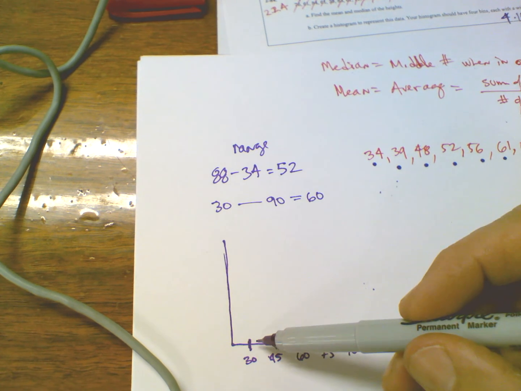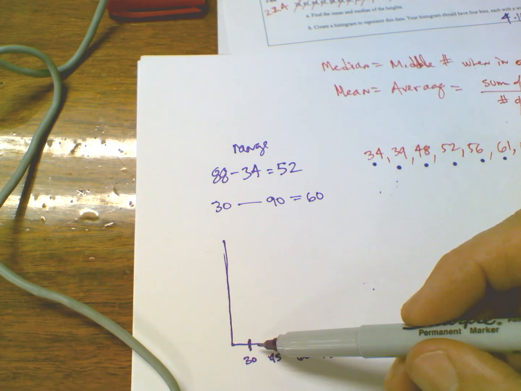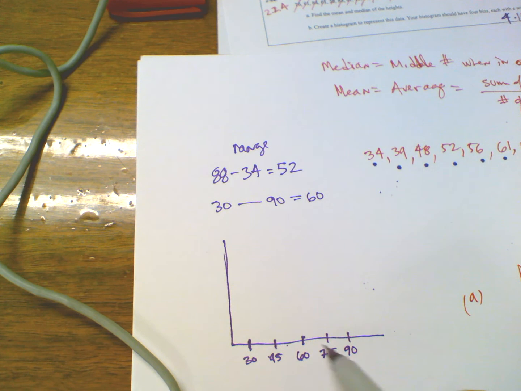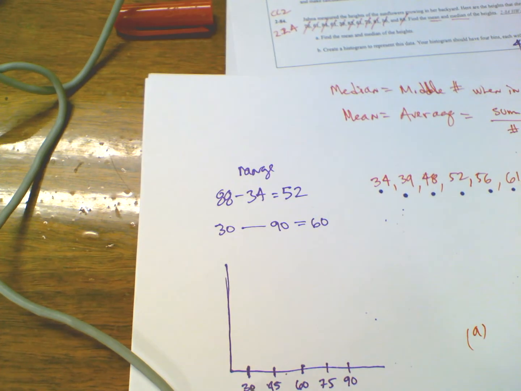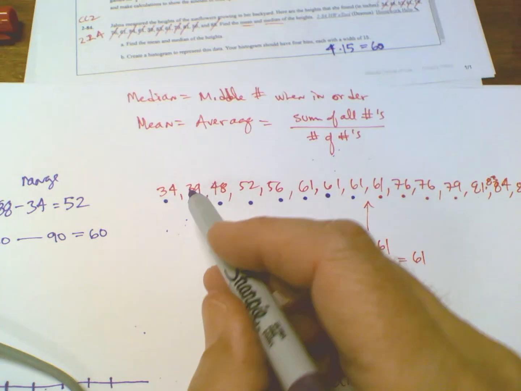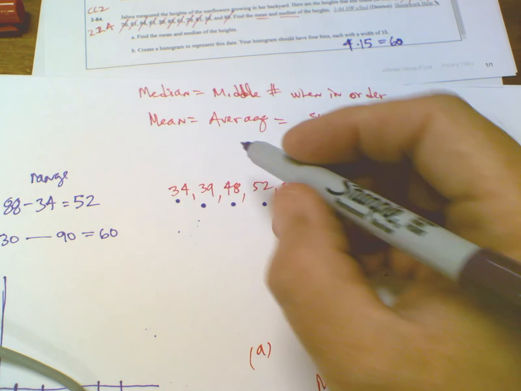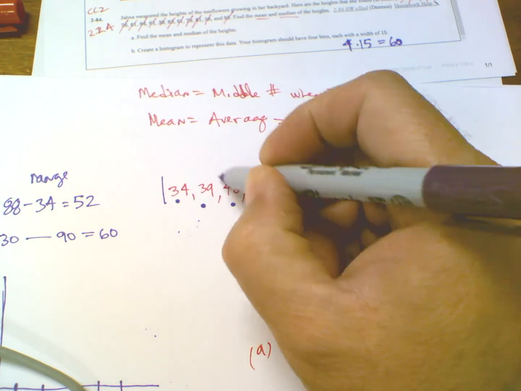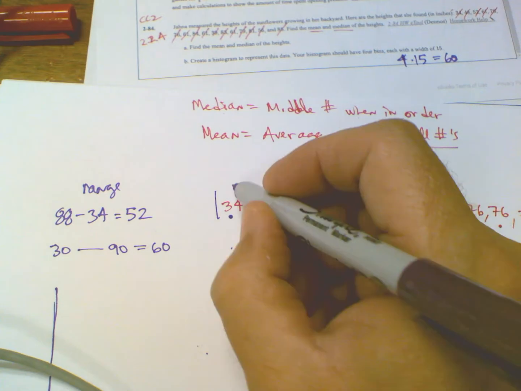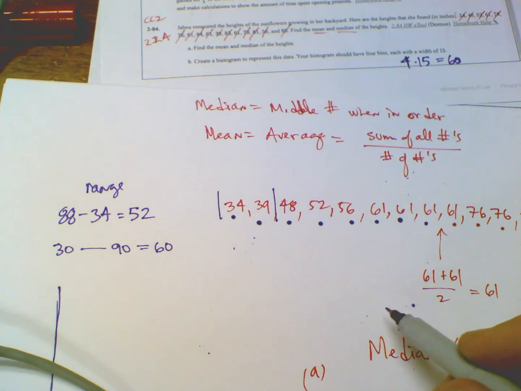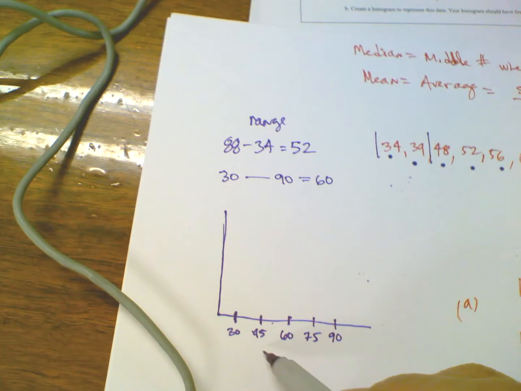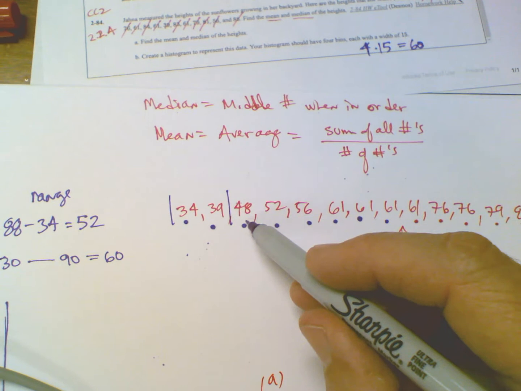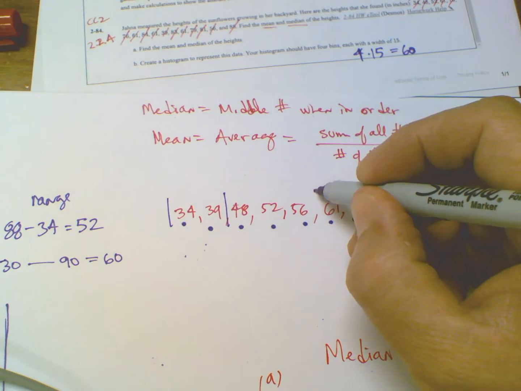So I can fit in however many numbers I have that fit into that. So how many numbers fall between 30 and 45? That's the question, right? So between 30 and 45, it looks like I have 2 numbers. I have them in order already. So this is my first bin. And then my next bin would be 45 to 60.